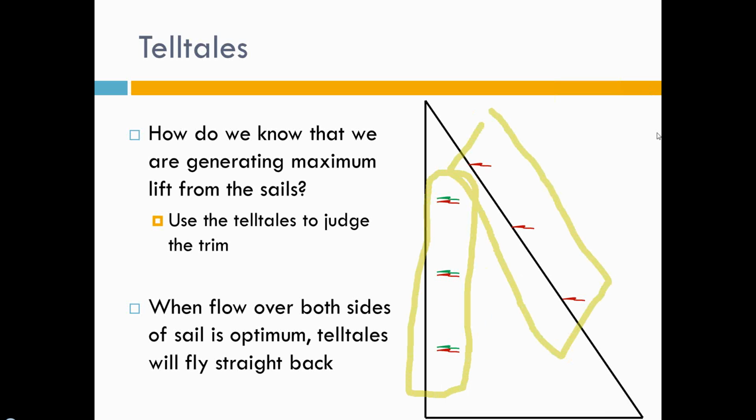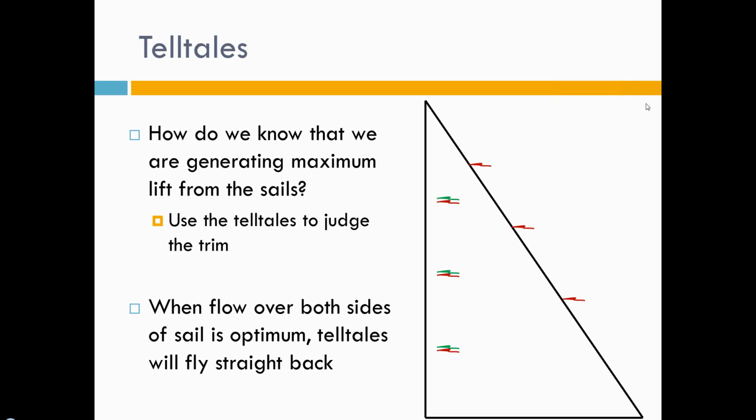The ones that are in pairs are usually going to be red-green, or red-black, red-blue. Generally red is going to be on your port side, green, or whatever other color, will be on your starboard side. An easy way to remember it is it matches up with your navigation lights. But what you want is for these telltales to be flying straight back. That's the ideal scenario.